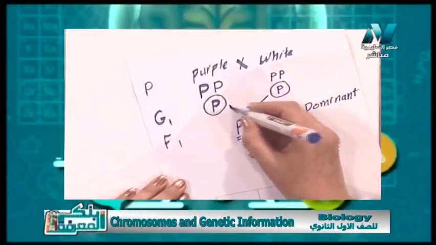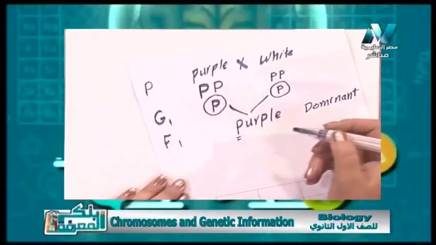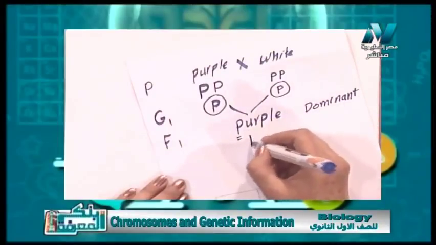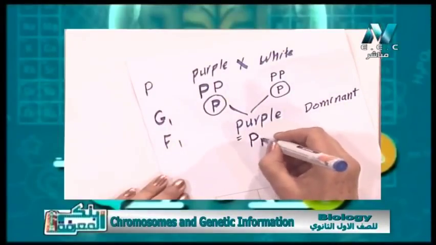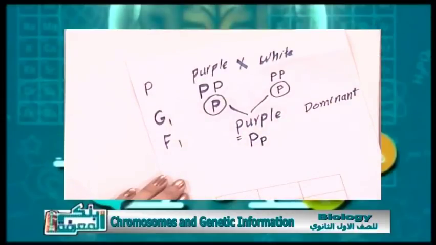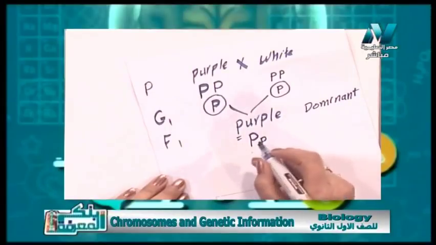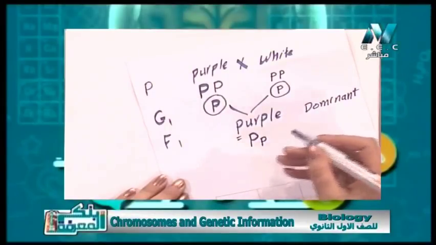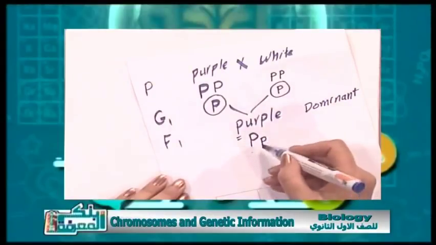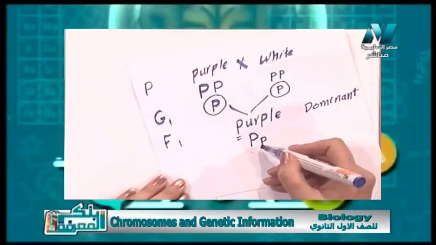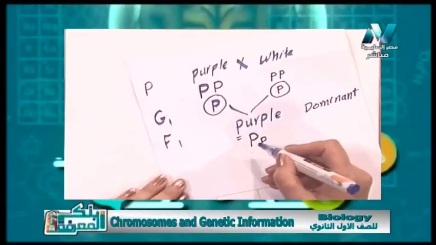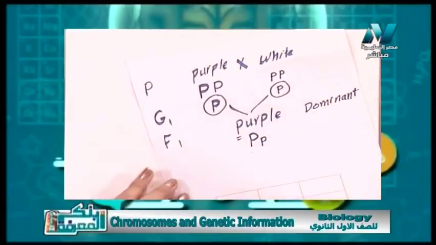After fertilization, the two gametes fuse together to produce the new individuals, capital P, small p. Since the capital P is present here, the individual expresses the dominant character, and the recessive gene has no effect on the appearance of this character. We can show this in another way.